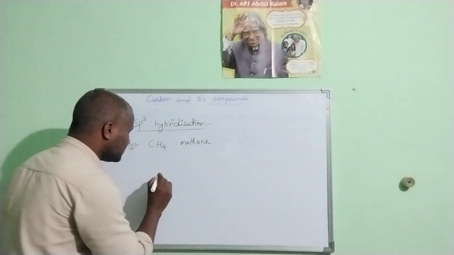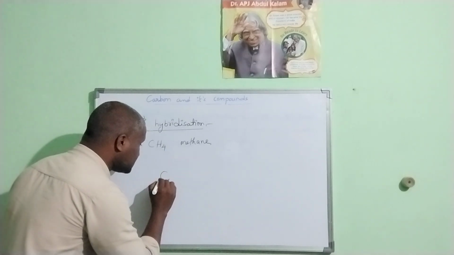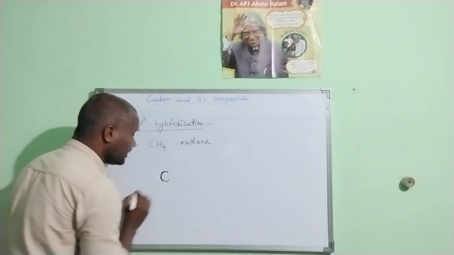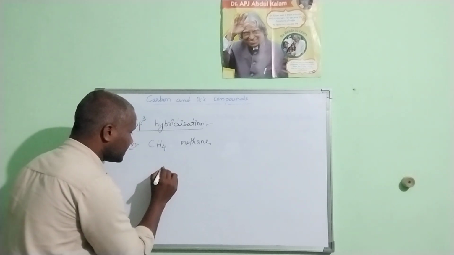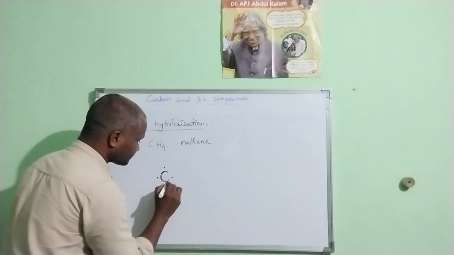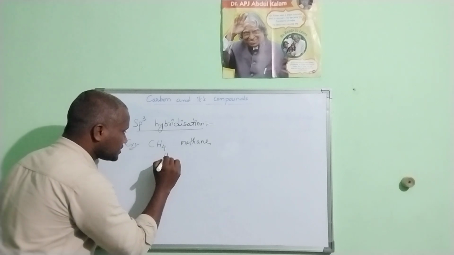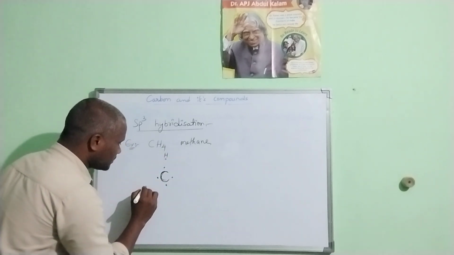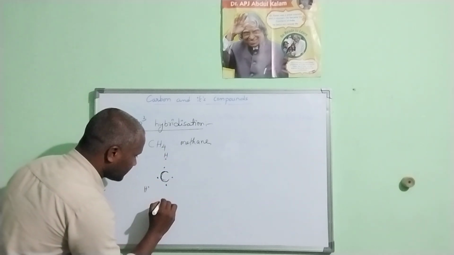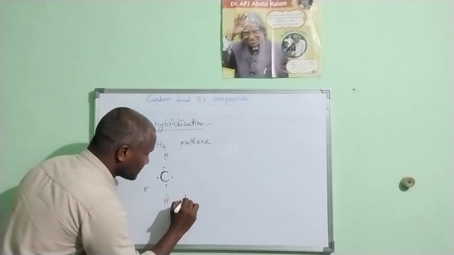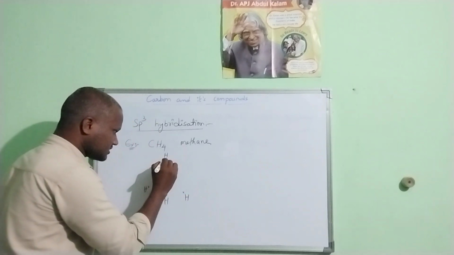That 4 is the number of electrons in the outermost shell, so according to Lewis dot structure we give 4 dots. There are 4 hydrogens, each with atomic number 1, so it forms 4 covalent bonds.